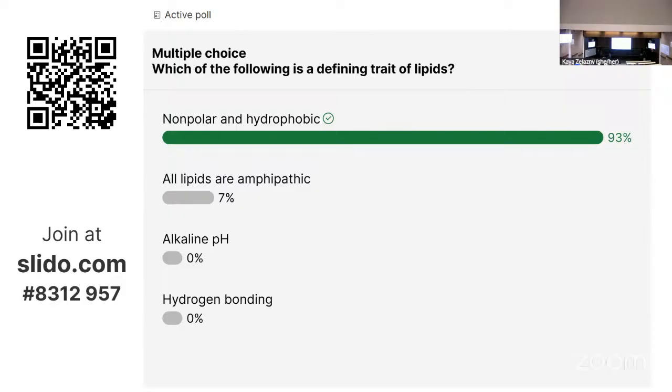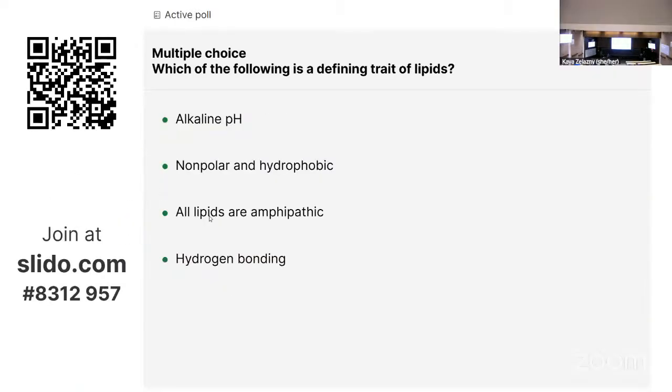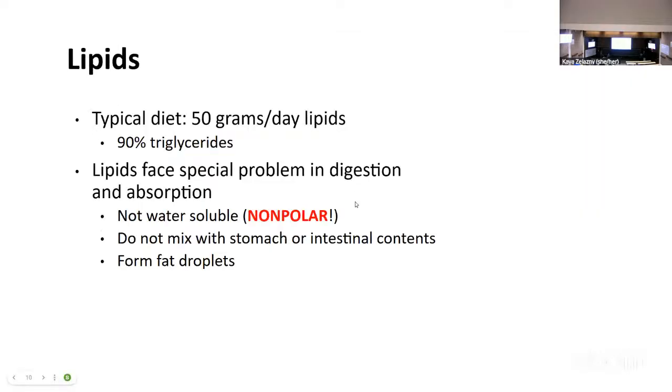They're stable as they are. Okay. So any lipid, we're going to have a large portion of it that's nonpolar, hydrophobic, running away from the water. Okay. We do have some special lipids that are amphipathic, and they're going to come into play here as well. But when we're thinking about the ones we're digesting, it's mostly not that.